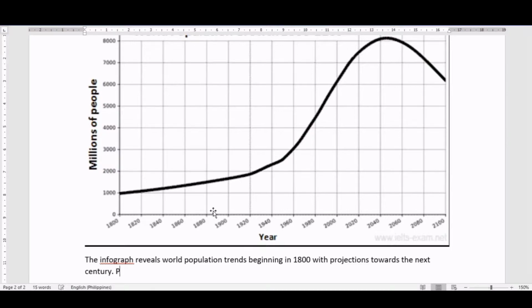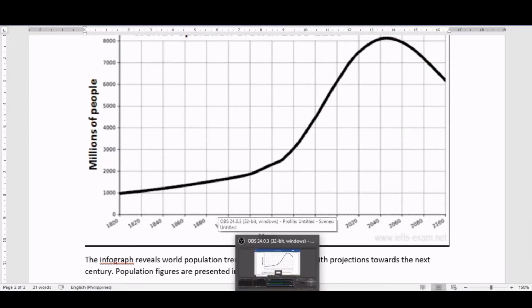Population figures are presented in millions. We'll stop there. So that's our introductory paragraph, and then we'll now go into the overview statement.